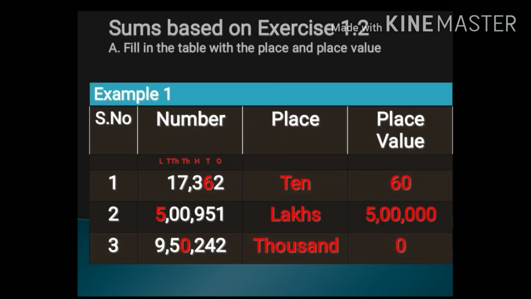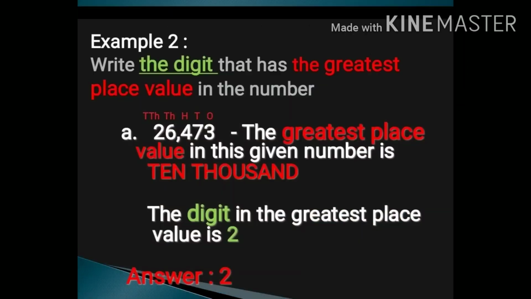So, highlighted 5 is in the place of lakhs. So, the place value of 5 is 5 lakhs. The next sum is 9,50,242. The highlighted number is 0 and the place is 1000 and the place value is 0.